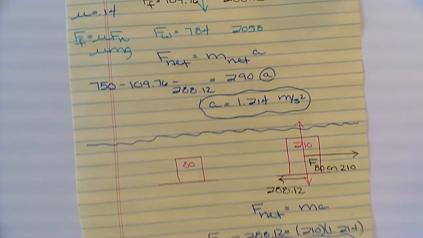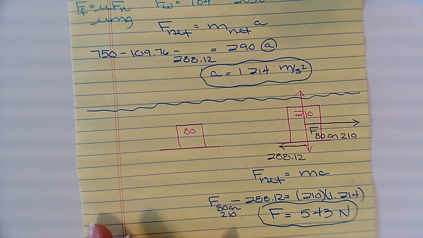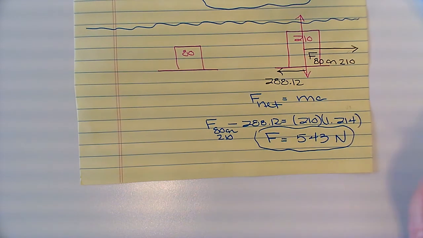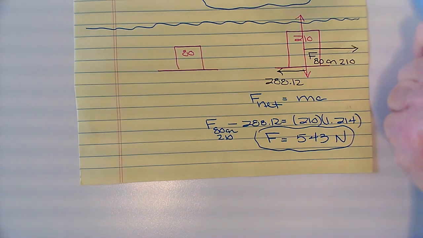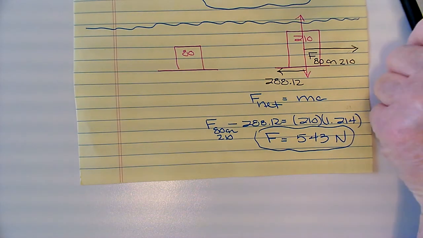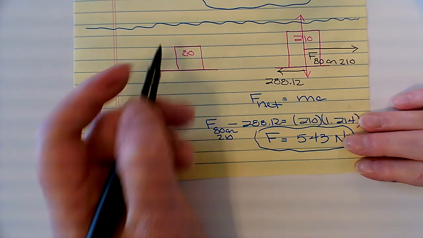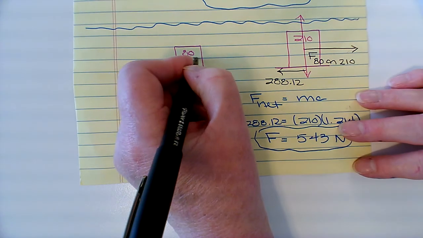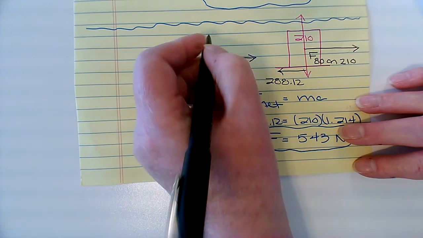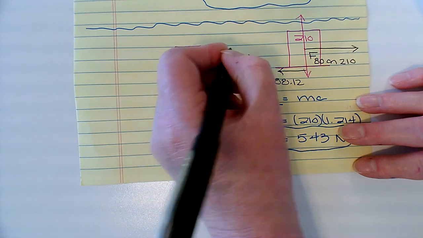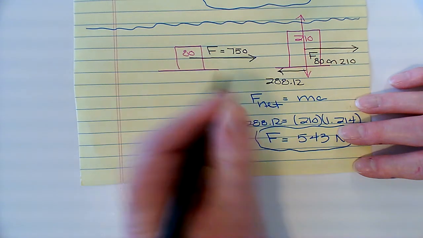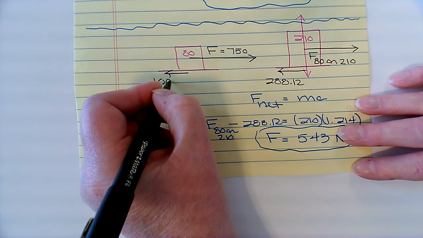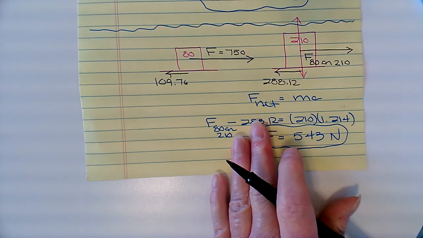Technically, I have all the answers that I need on the piece of paper, but sometimes we're asked to prove that our answers are correct by checking it on the last block. So we're going to take a second and check it on this last block here. All right, so on the 80 block, what's going on? Well, we have a big 750 going this way, so FA equals 750. We have some friction that's going backwards, that's 109.76.